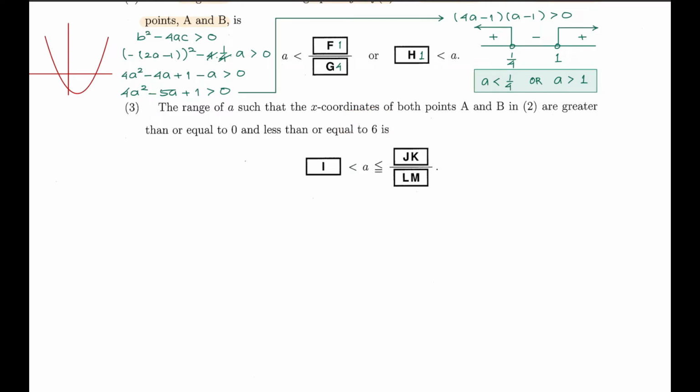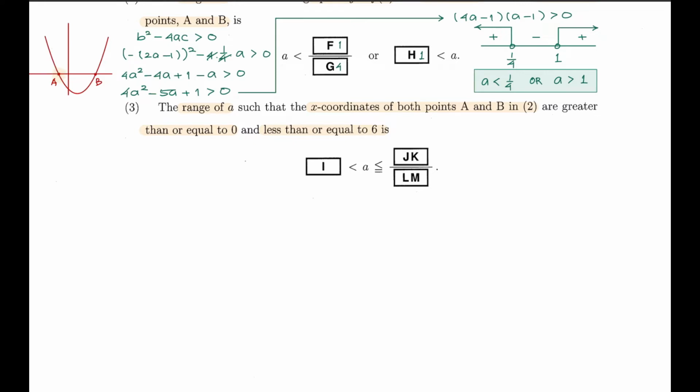Jadi yang soal ini tanyakan adalah berapa rentang nilai A supaya x koordinat dari dua titik yang kita sudah gambar tadi, inilah titik A dan titik B misalnya. Berapa nilai A supaya titik A dan titik B yang tadi Koko gambar di sini are greater than or equal to 0 and less than or equal to 6.